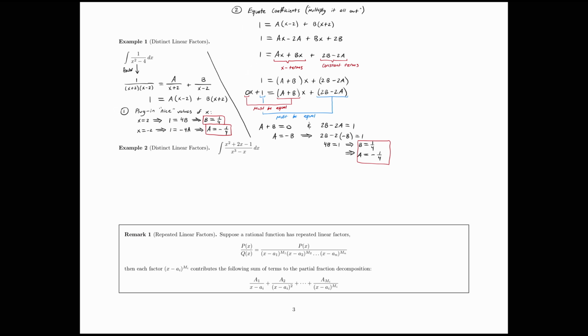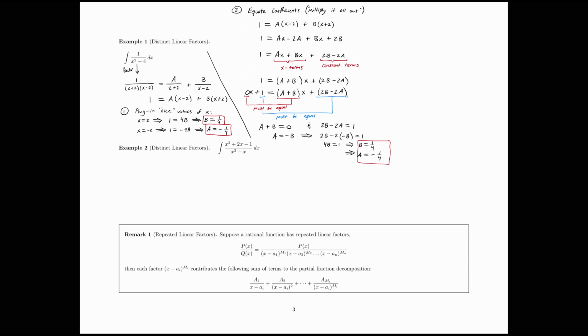So clearly this method is great and quick when it is great and quick. There will be some partial fractions decompositions, depending on if you have repeated roots, where plugging in nice values to quickly figure out your coefficients might be quick for some of the coefficients you need, but not for others.